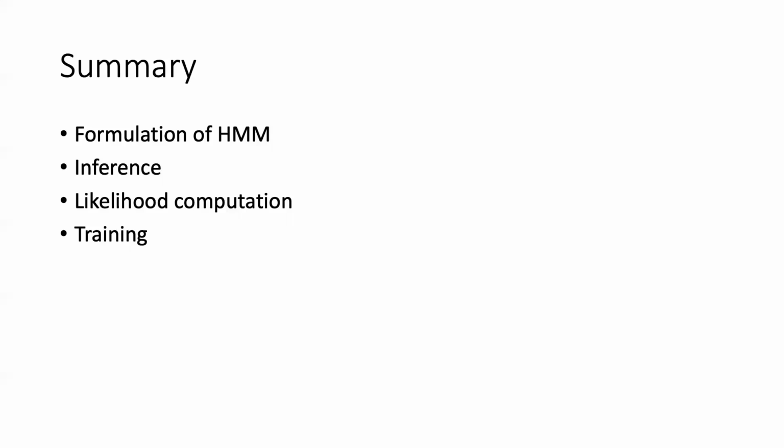We also discussed the forward algorithm to compute the likelihood of the data using forward and backward probabilities. And finally, we discussed two approaches to estimate the parameters, depending upon the availability of labeled data, in supervised and semi-supervised approaches.